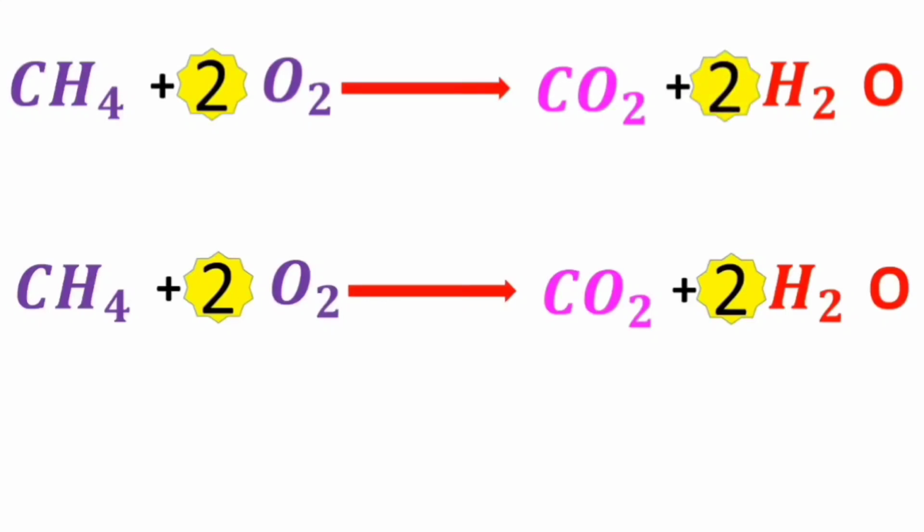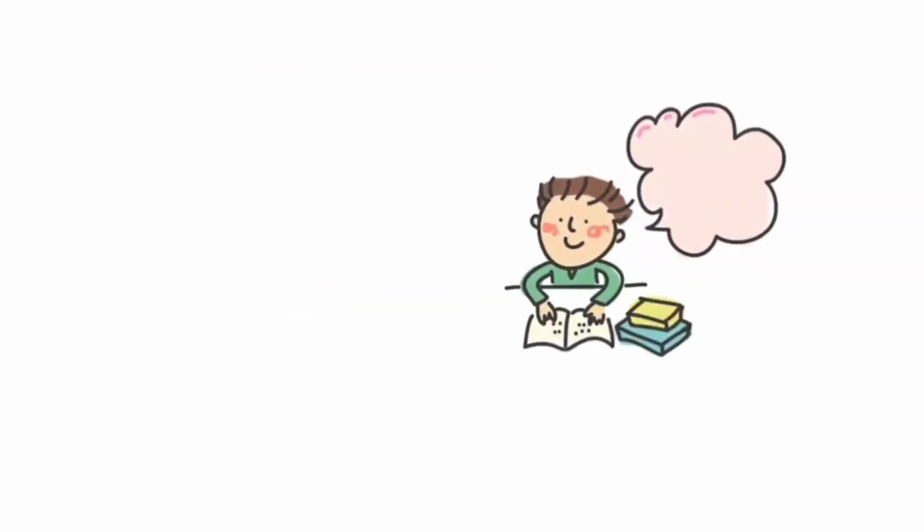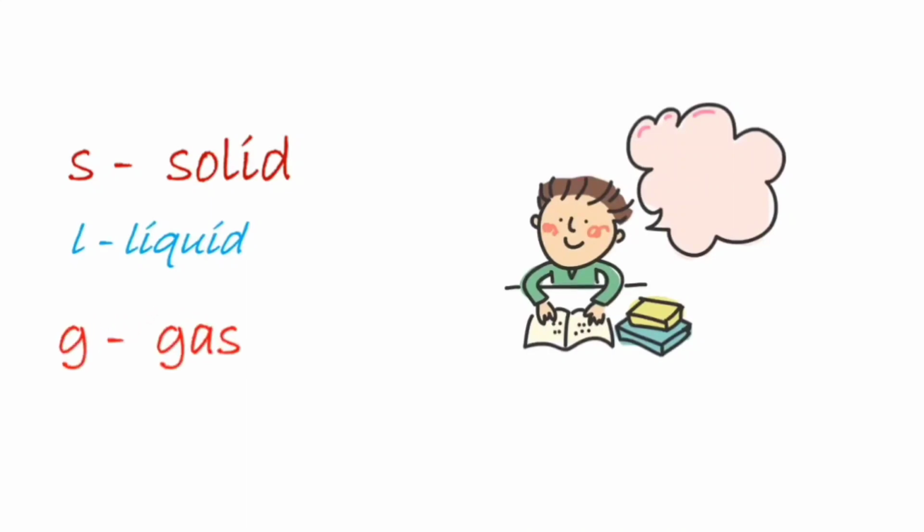Further, the chemical equation provides information on the physical state of the substances and the conditions under which the reaction takes place. A balanced chemical equation is the simplified representation of a chemical reaction which describes the chemical composition, physical state of the reactants and products, and the reaction conditions.